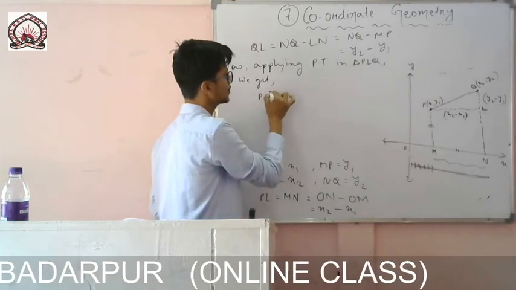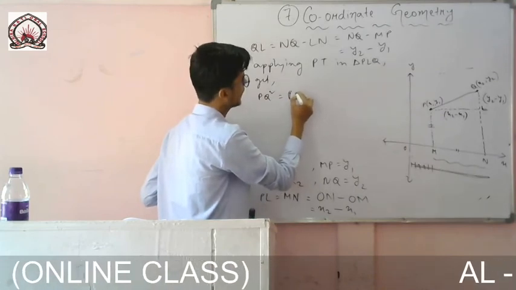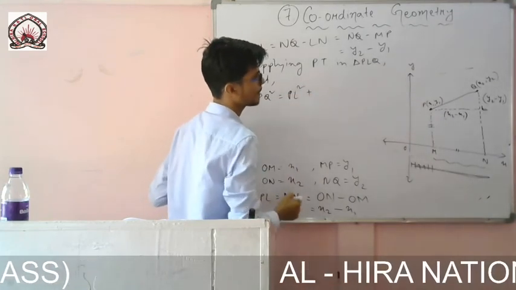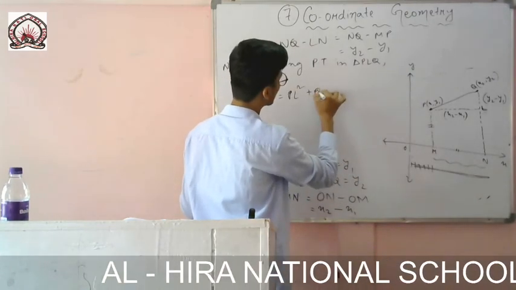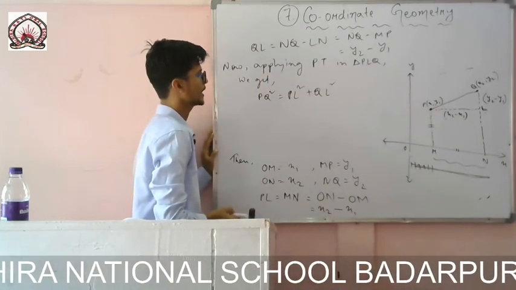What will be the formula? PQ square will be equal to PL square plus QL square.